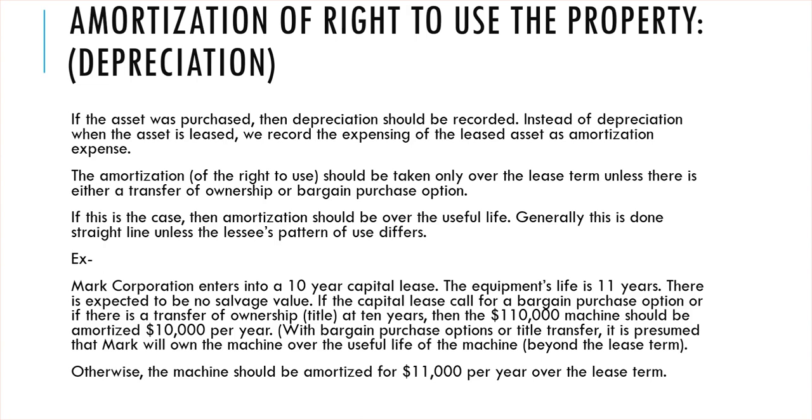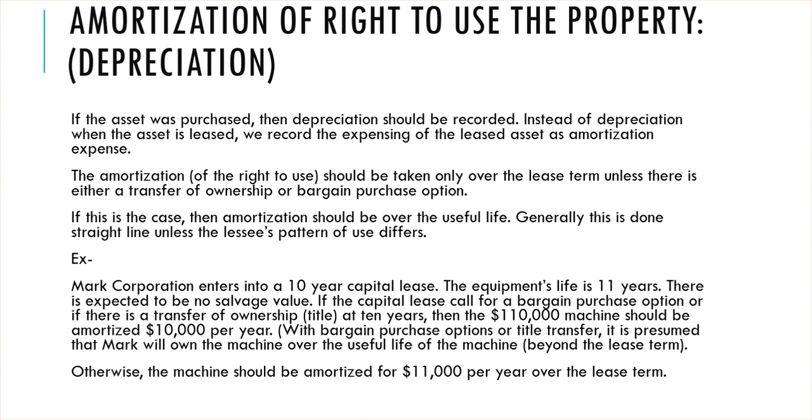So if you have something that's transferring over, here's the example. Mark Corporation enters into a 10-year capital lease. The equipment's life is 11 years. All right, well, 10/11ths, you can see right there that the economic life criterion is met because it's used up, right? There's expected to be no salvage value.